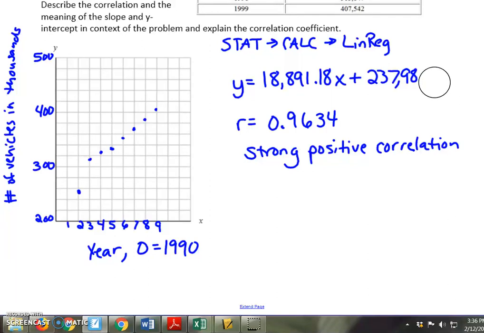I forgot my zero there. That many were purchased and being driven. Now we can use this model to make predictions about how many vehicles might be out there in, say, the year 2020. We could continue with that and see if the model works.